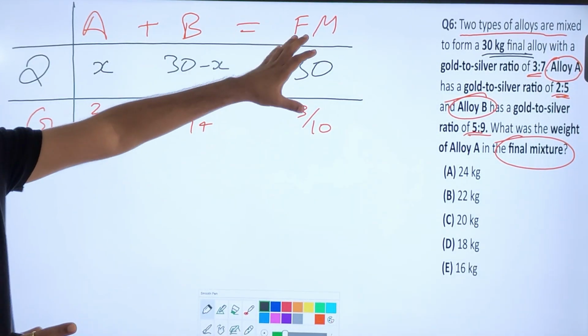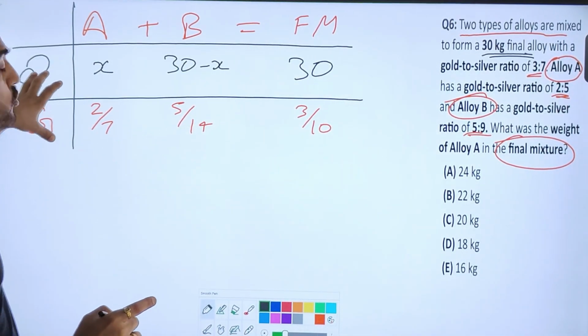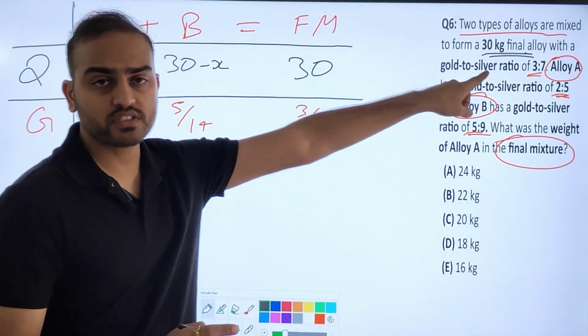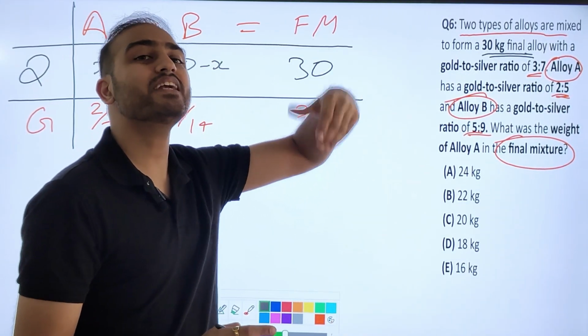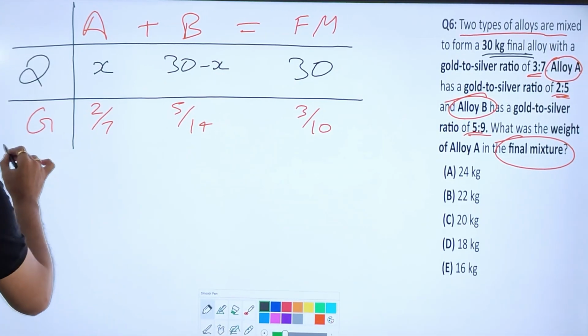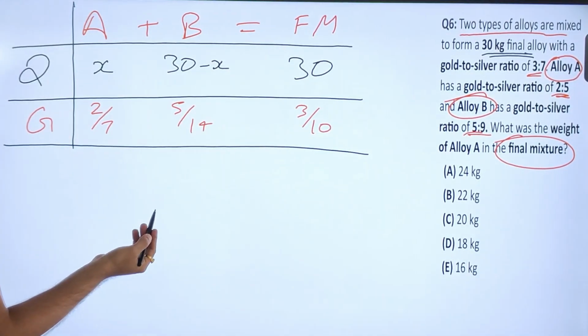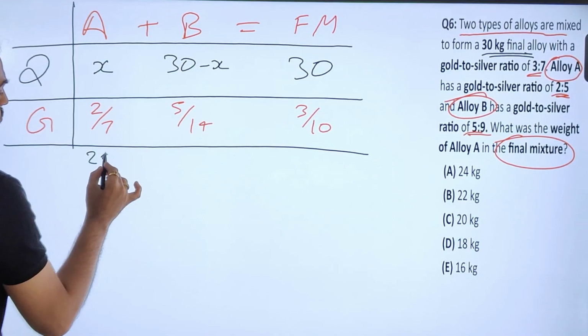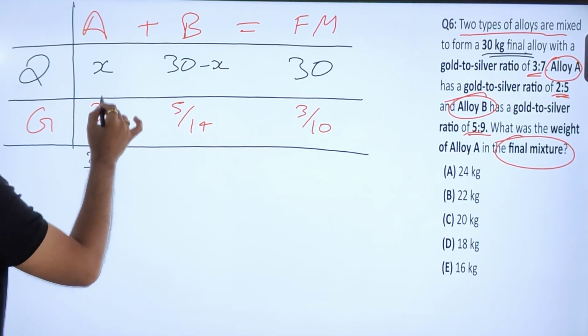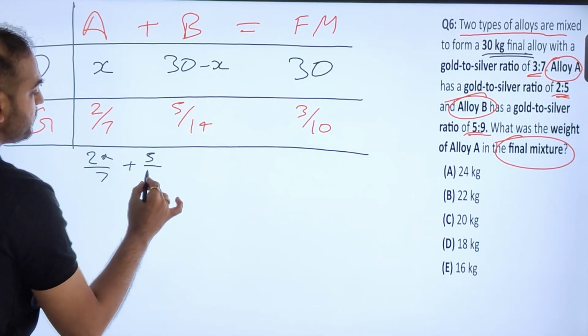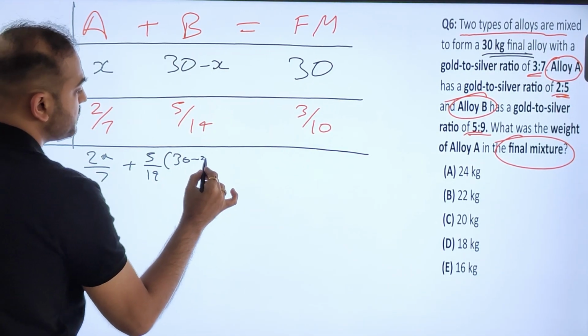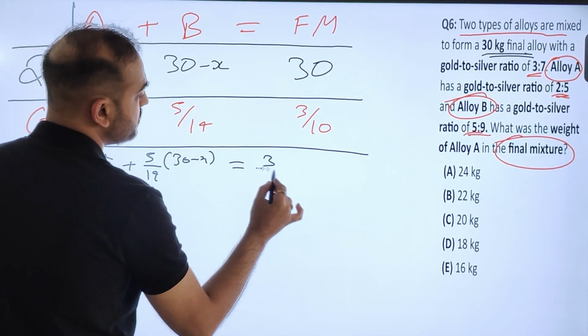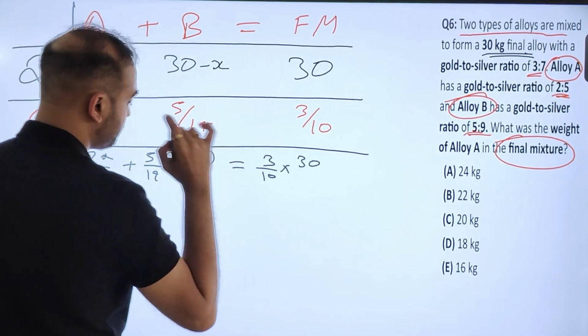So I have picked gold, the proportion of gold. Gold to silver was 3:7, so gold is 3/10 of the total. Now again, table complete. Make the equation: 2/7 times x plus 5/14 times (30 minus x) is equal to 3/10 times 30.